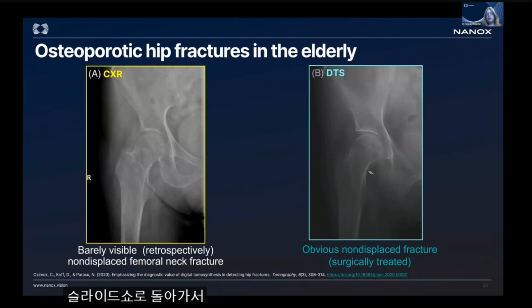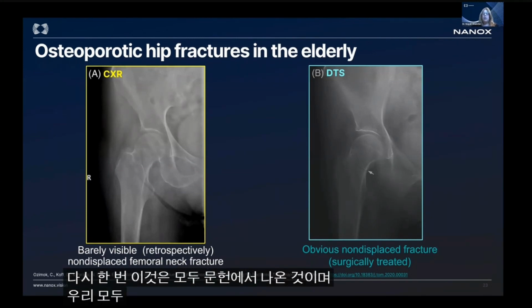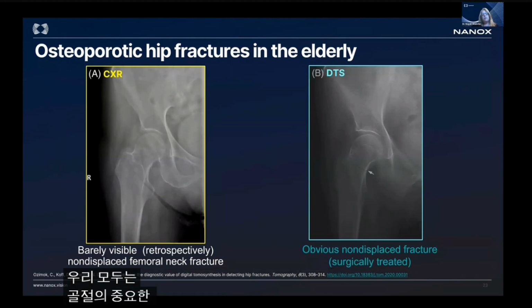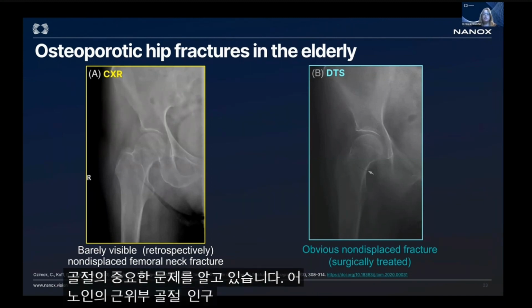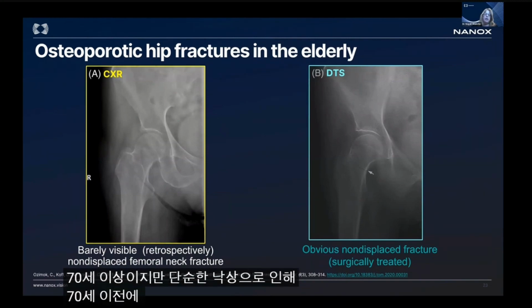So again, this is all from the literature, and we are all aware of this significant problem of proximal femoral fractures in the elderly population around the age of 70 and up, but we often see it before the age of 70.